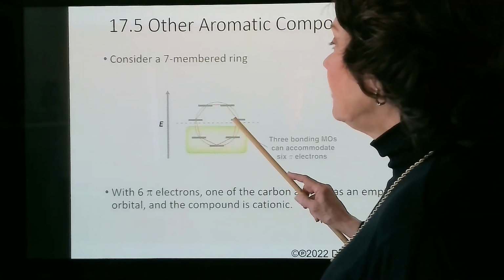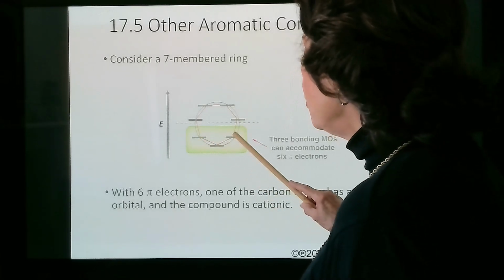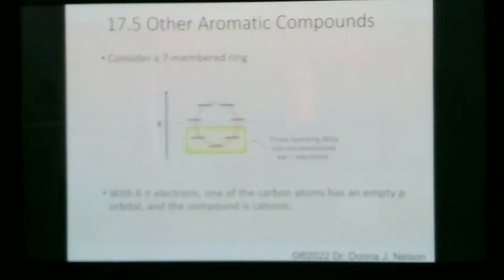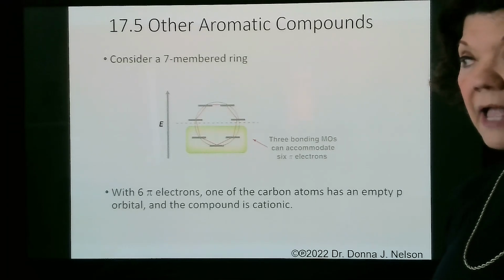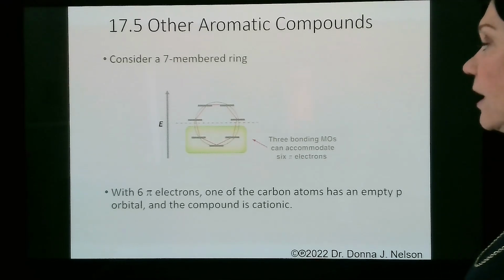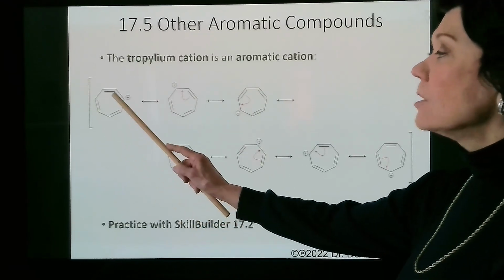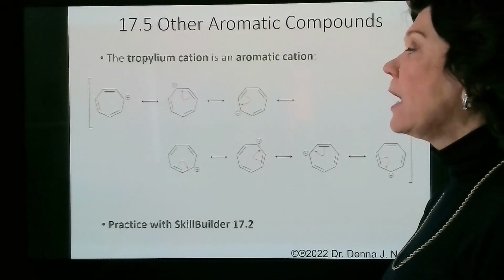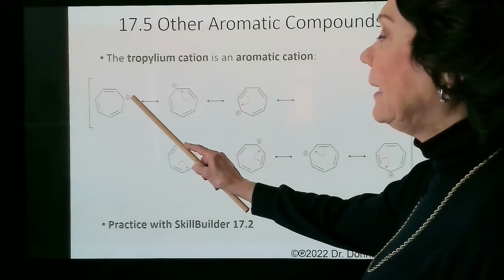Now, another one. This is a 7-membered ring. And you can see that it has 3 bonding molecular orbitals, which can contain 6 pi electrons. So it's the same situation that we saw before. It doesn't matter how many nuclei the molecule has. It only matters how many electrons it has. And so if this one has 6 pi electrons, 2, 4, 6, it will be aromatic, and this will be a cyclic cation.